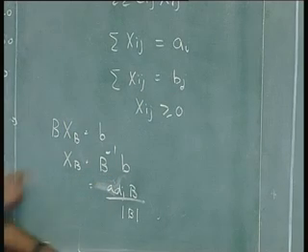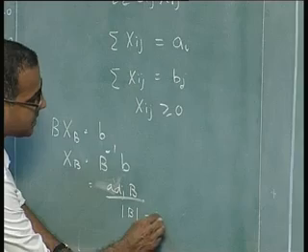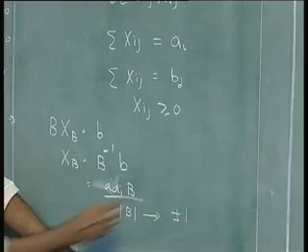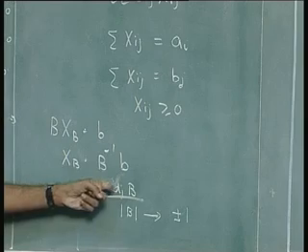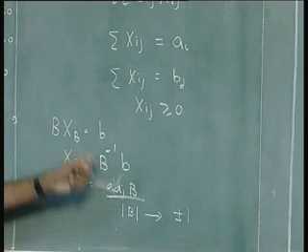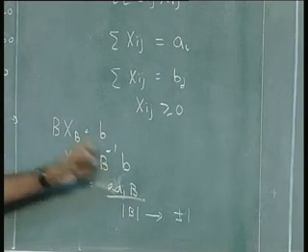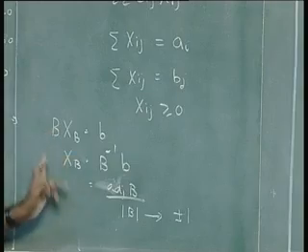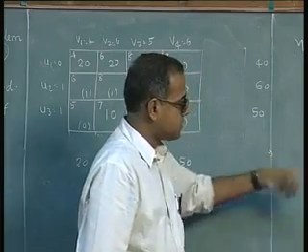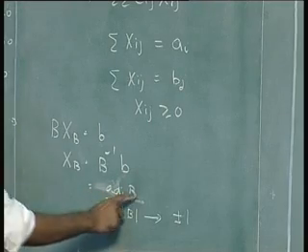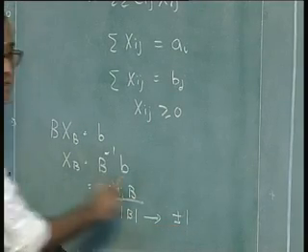Now, if xB has to be an integer, then this determinant B should be plus or minus 1. If determinant B is plus or minus 1, then adjoint B by determinant B will still be an integer matrix. B inverse will be integer, B inverse b will also be integer, because b is integer. So, we have to check whether this B is such that determinant B is plus or minus 1.